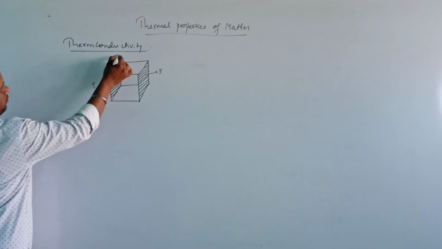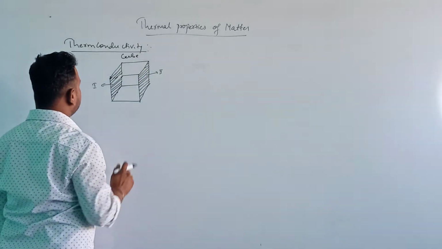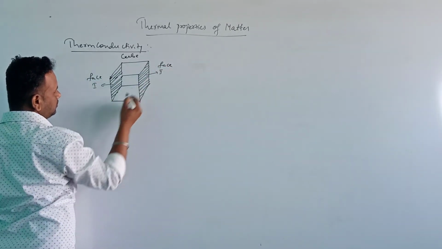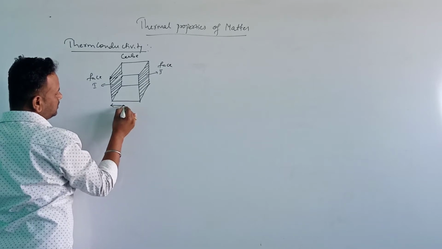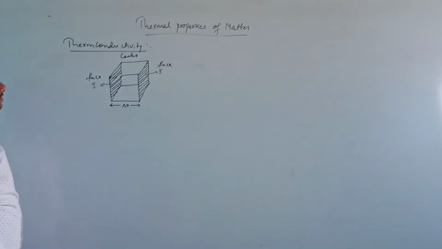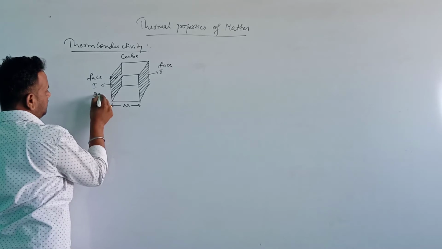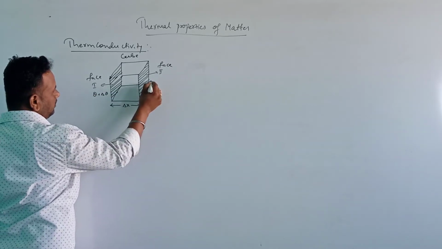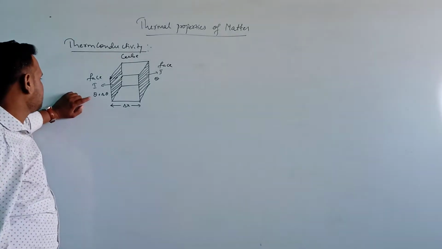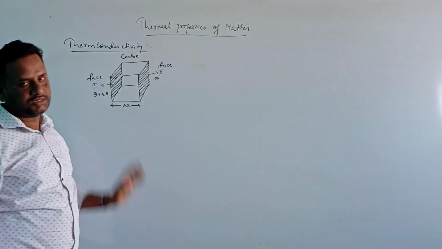We have considered a cube having two phases. The distance between these two phases is delta x, and at the two phases we have maintained temperatures. The temperature at phase 1 is theta plus delta theta. The temperature at phase 2 is theta.